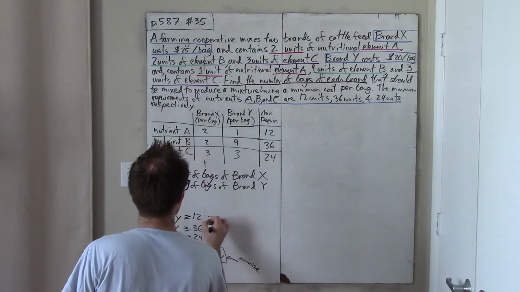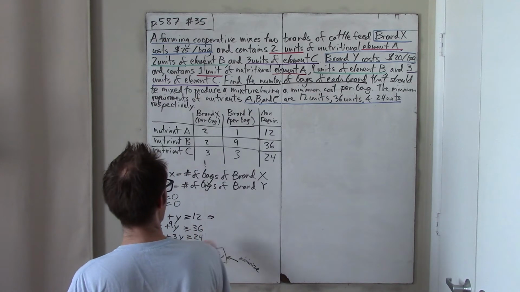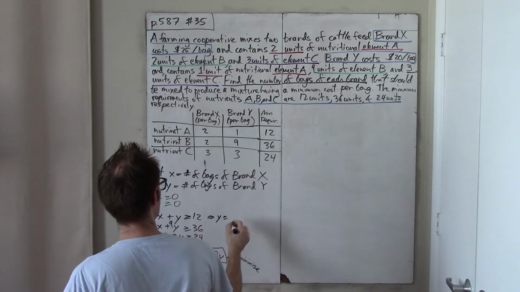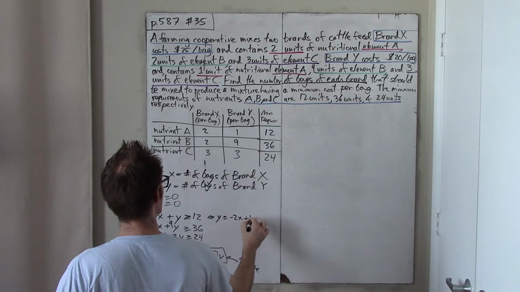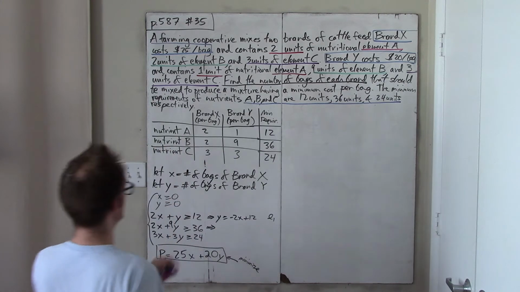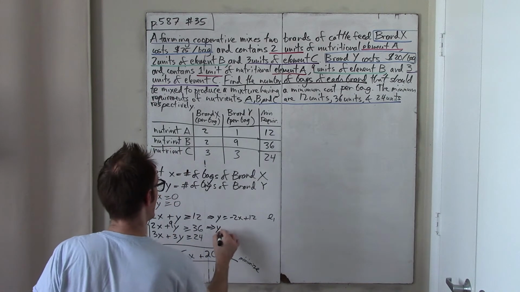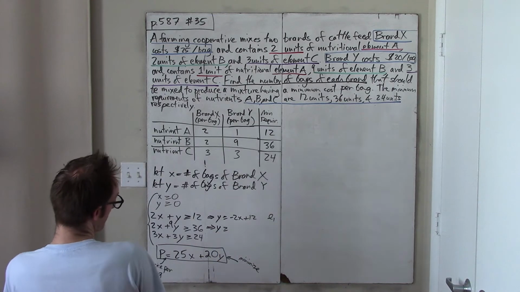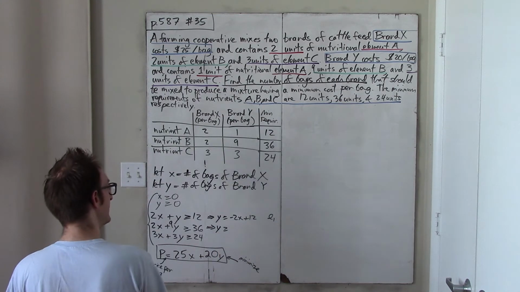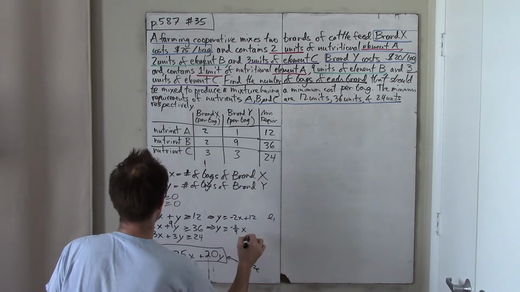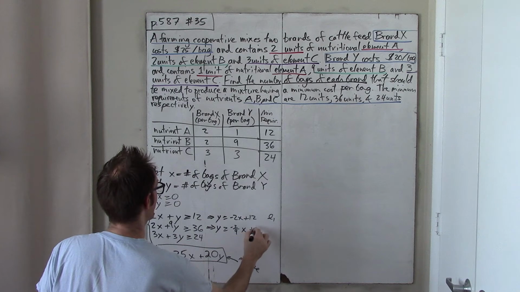Here I think it's helpful to write this in y equals mx plus b form. What does it say? Y has to be greater than or equal to negative 2x plus 12. I'm going to call that line 1. Here I will also solve for y. I'm going to try to do this in my head for space reasons. So y has to be greater than or equal to, let's see, negative 2/9 x plus 4.